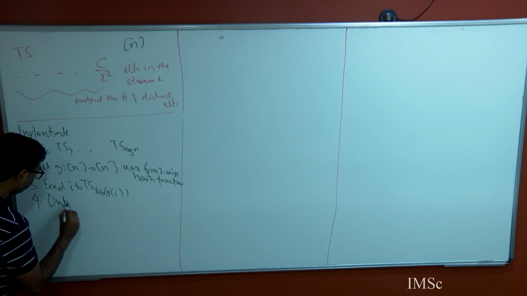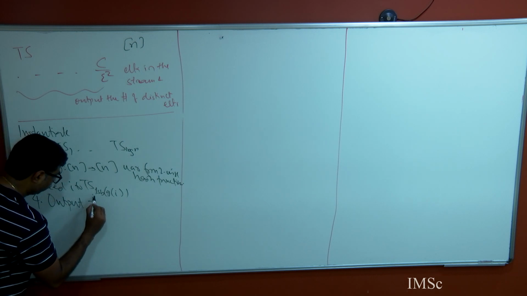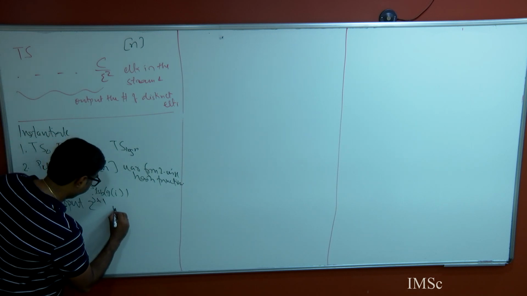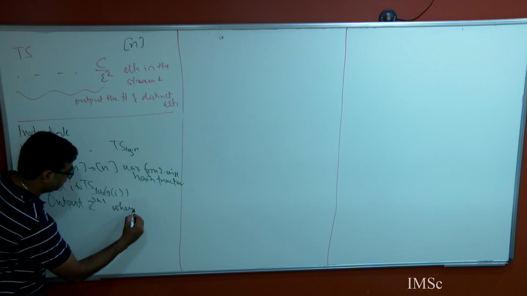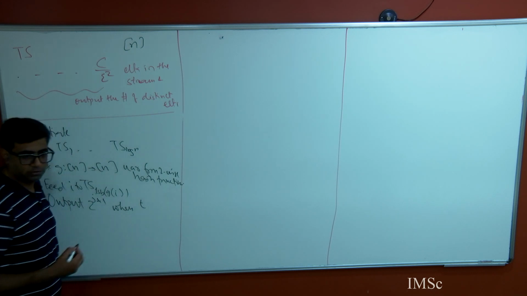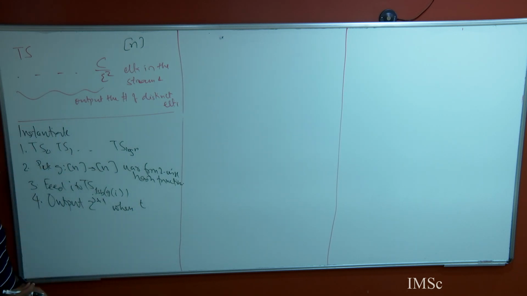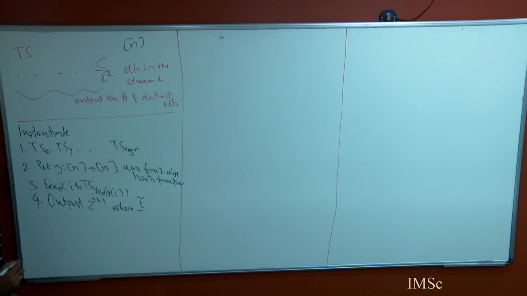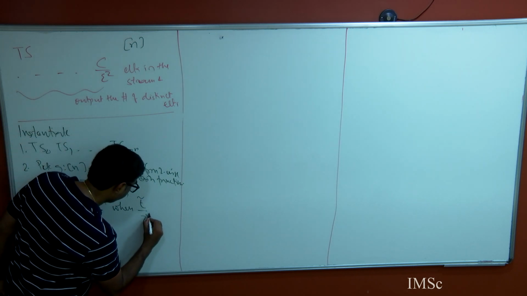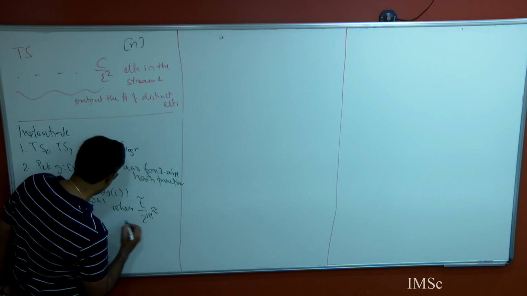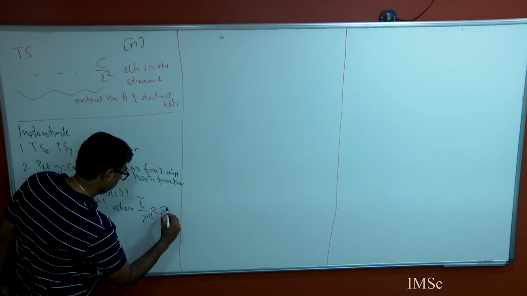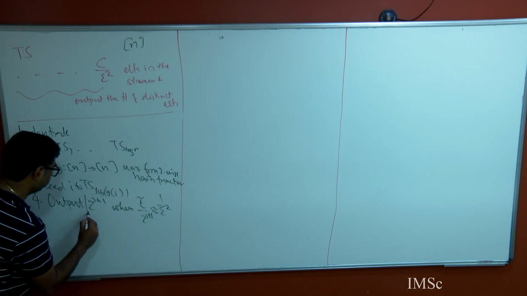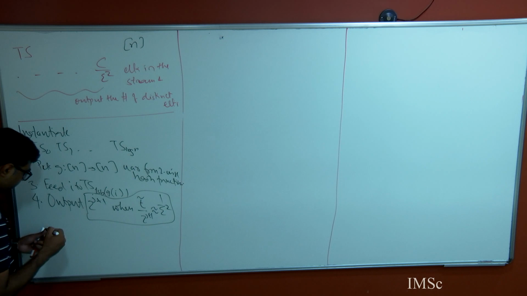I said output 2 power j plus 1, where T tilde, the approximation, is equal to 1 over epsilon square. So this is not right. This you will not get correctly.